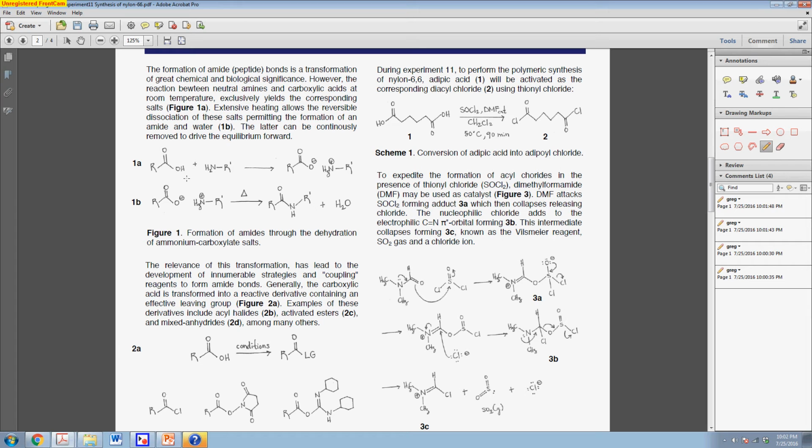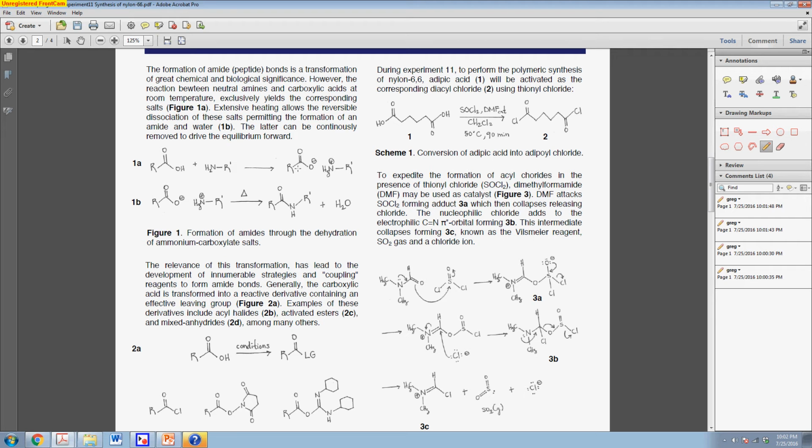The reason for this is that the first reaction that will take place is an acid-base reaction. The pKa of these carboxylic acids is typically somewhere between 4 and 6, and the pKa of the ammonium group that you're going to form here is somewhere between 7 and 8, and so consequently, this is just going to be an acid-base reaction.